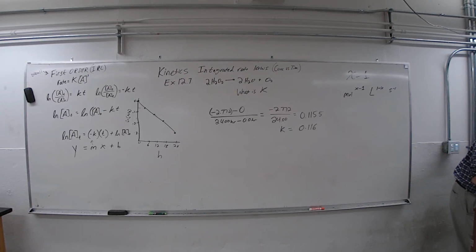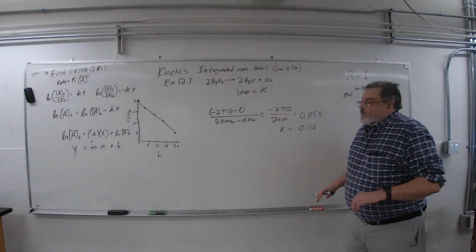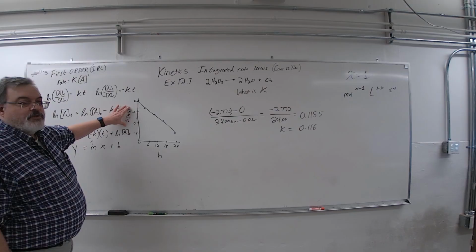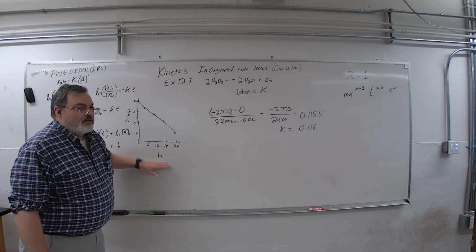I feel the need to double check. How do you know from the graph that it's first order? First of all, the graph has natural log of H2O2 here, time here.